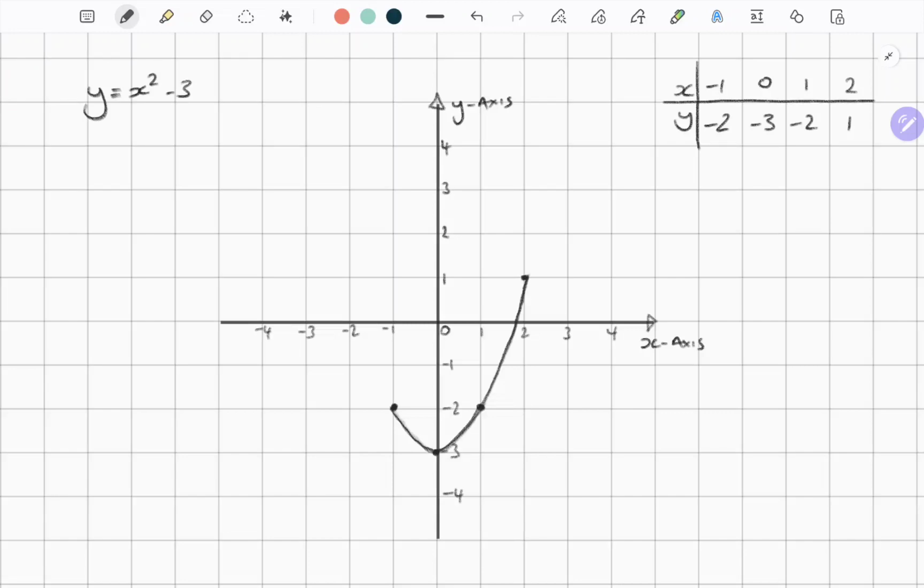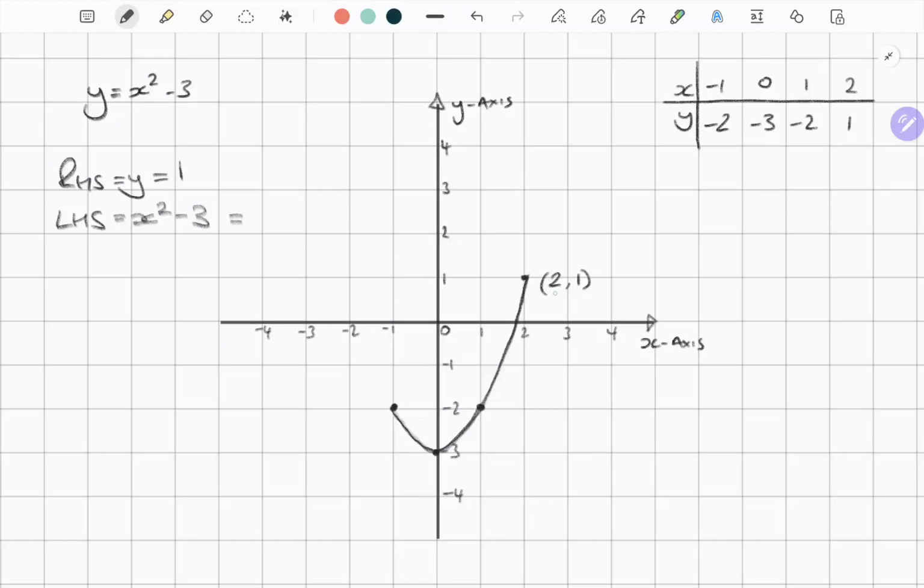Now you may get asked whether points satisfy an equation. So let's just take this one for example. So this is the point 2 in the x direction and 1 in the y direction. So there's your coordinates. What we can do here is we can say that the right hand side is equal to y, which is equal in this case to 1. And we can say that the left hand side is equal to x squared minus 3.